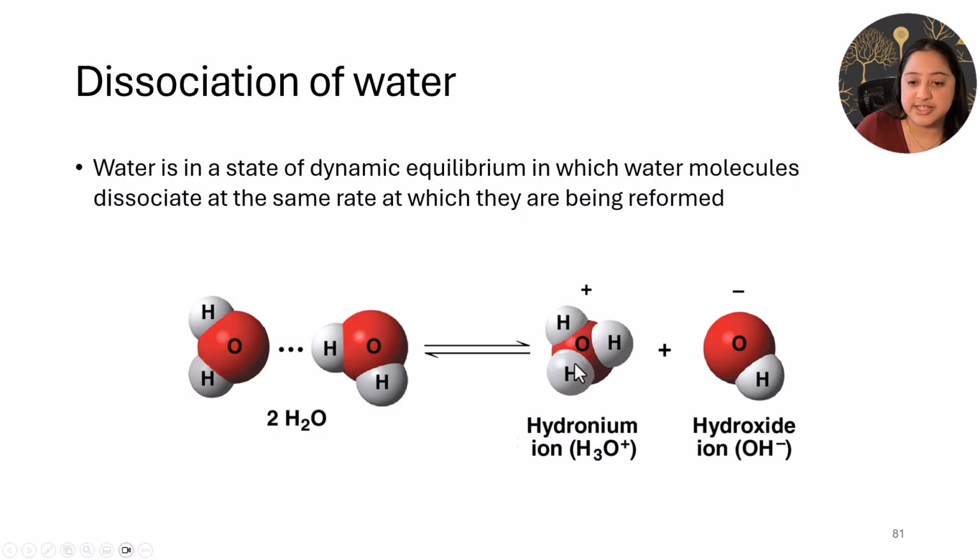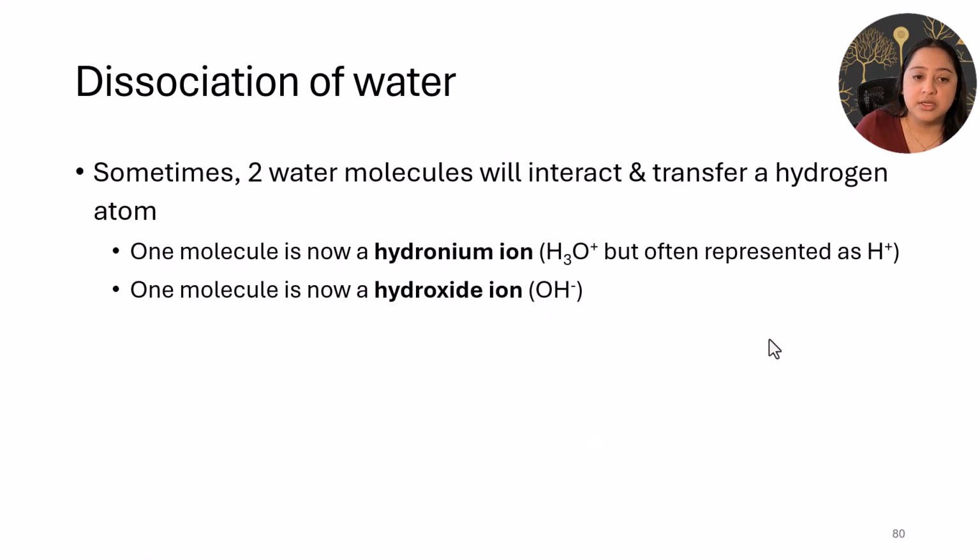This ends up with a molecule with 3 hydrogens and 1 oxygen, a hydronium ion, and the other has 1 oxygen and 1 hydrogen, a hydroxide ion. Sometimes that happens naturally. It's not very common, but it can happen. The hydronium ion, H3O, we usually simplify as H+, and the other one is OH-.